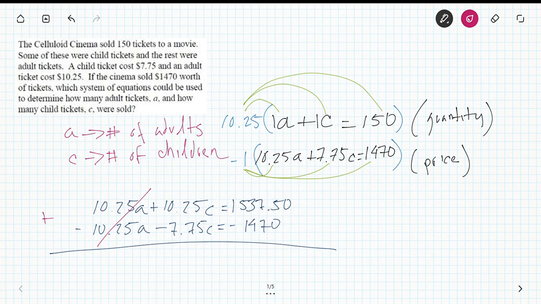That is going to give us 2.5c. Then the last one is 1537.50 plus -1470, and that will give us 67.5. Now in order to solve for c, we need to divide both by 2.5.